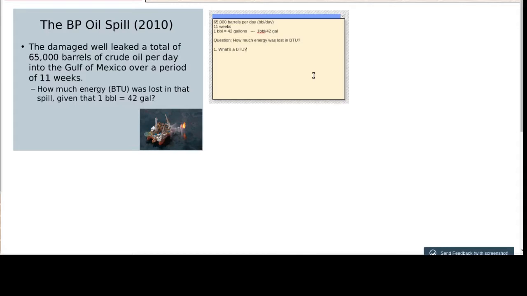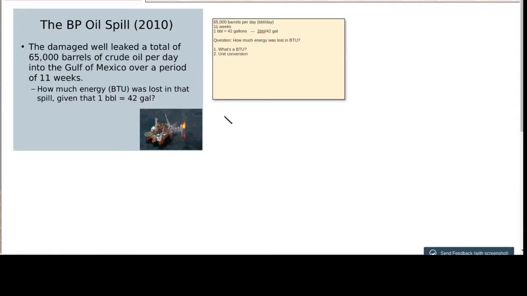I'm going to need to look that up and figure out how that relates to either the barrels of oil or the gallons of oil. And I'm going to have to do some unit conversion to be able to move between the barrels per day and the gallons and the whole 11 weeks and all of that stuff. So let's do that first.